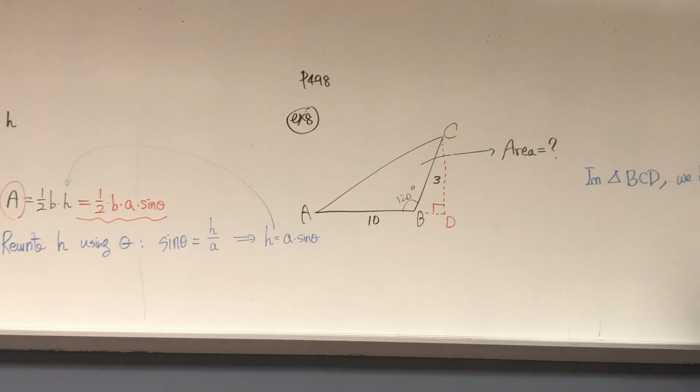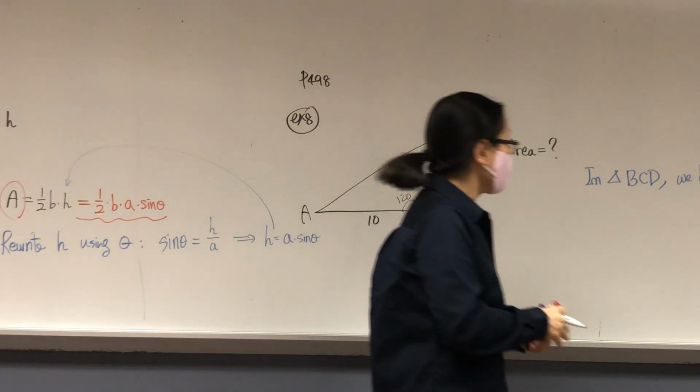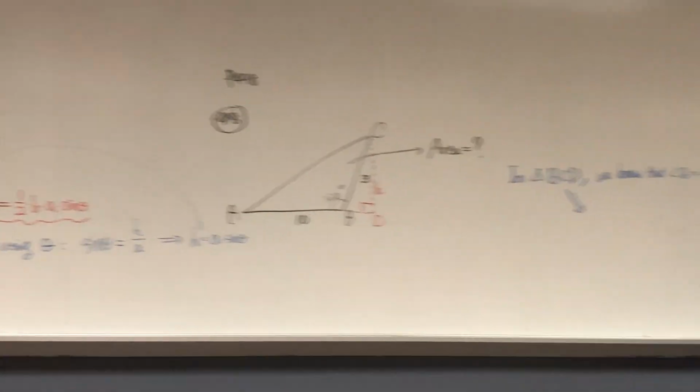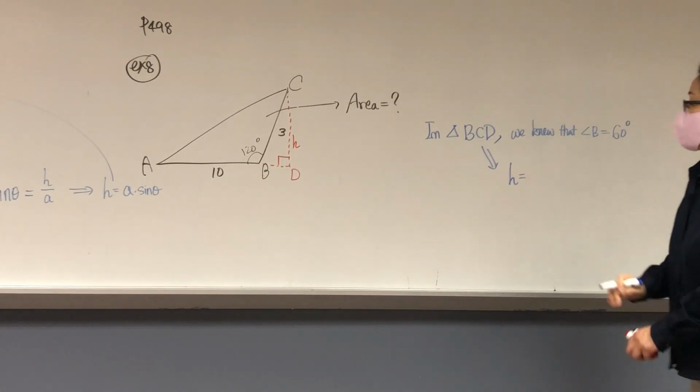Angle B is what? 60. Good job. Now this is your H. In here, we can measure H, isn't it? What is your H?